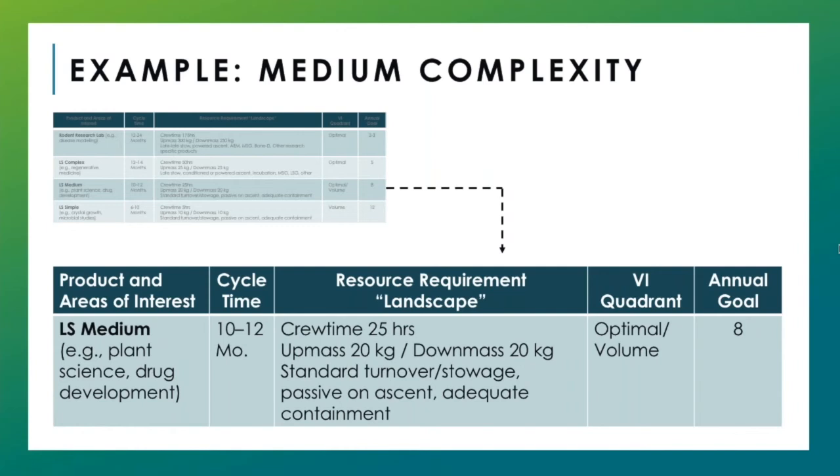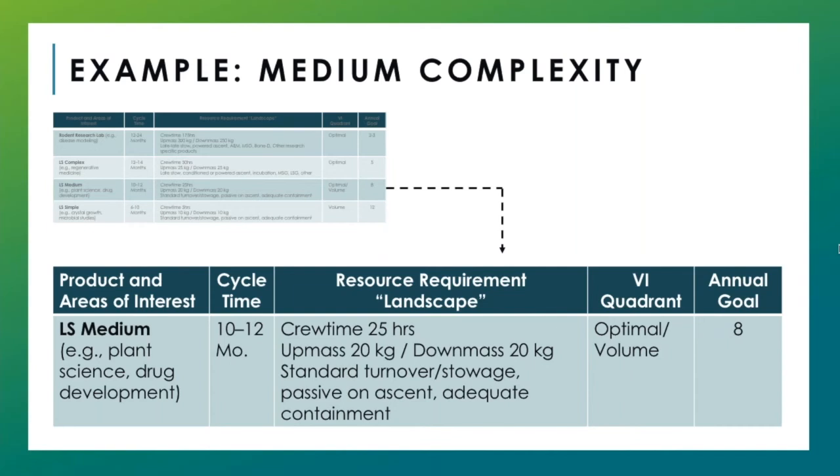Let's do a little bit deeper deep dive, taking as an example a life sciences medium. That might be plant science, drug development, maybe a fairly simple cell culturing experiment. It's about a 10 to 12 month timeline. That middle bucket there tells you in general what that profile looks like with respect to the resources that are required to execute that, and then where in the quadrant you might find that.